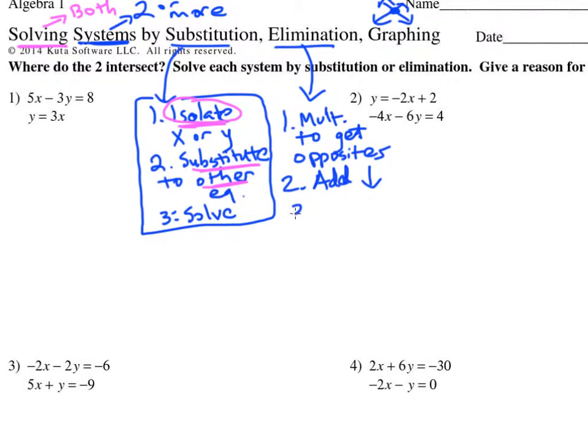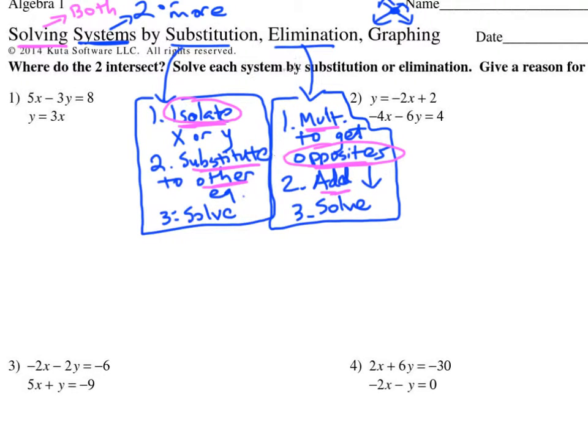And then step 3, you want to solve. So the key phrases for elimination, you want to multiply to get opposites. So I'm going to circle this word opposites. And then add straight down.